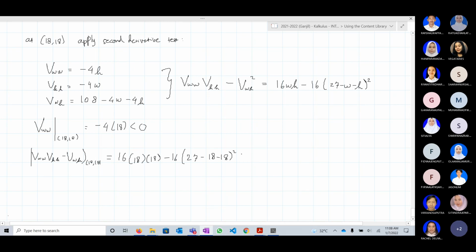Yeah, this is positive. So from these two, we conclude that the point (18, 18) is a maximum, because VWW is negative and the Hessian is positive, so at that point we have a local maximum.